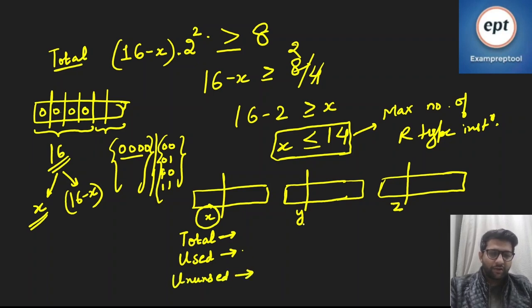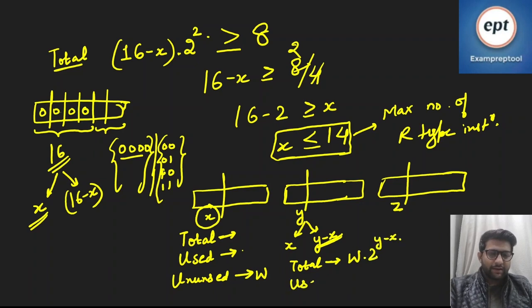Now, out of these y different bits, let's say this was the second biggest value, then x bits have been used, so y minus x bits were remaining. So the total will be, if the unused were w, w into 2 power y minus x.